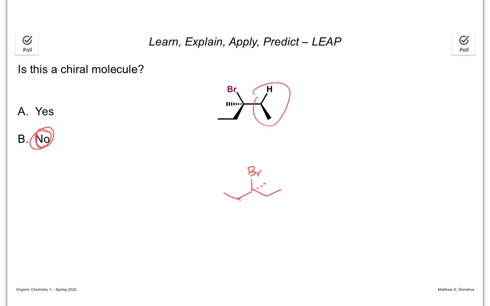And then you can see from that central carbon bearing the methyl group and the bromine, these ethyl side chains are the same, so therefore it's not a stereocenter.